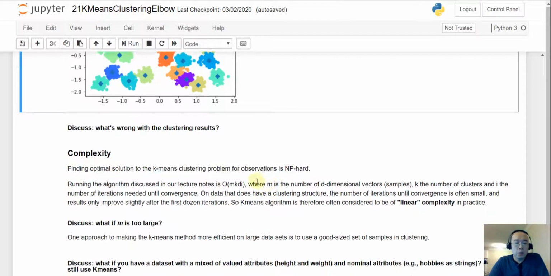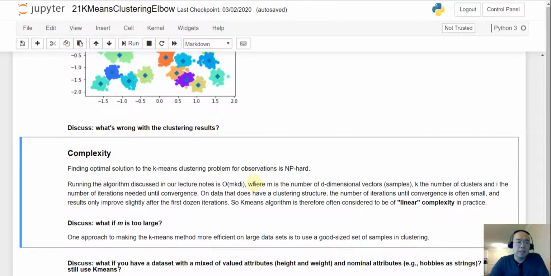The running time of K-means is O(m·d·k·i), where m is the number of samples, d is the dimension of the vector, meaning how many features you have, k is how many clusters you are trying to cluster the samples into, and i is the number of iterations needed.